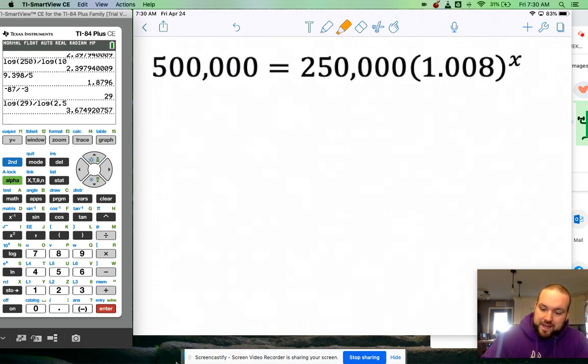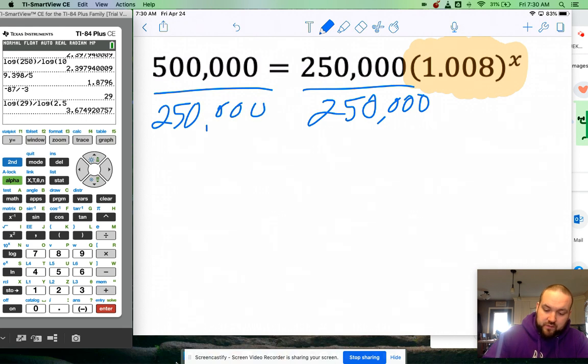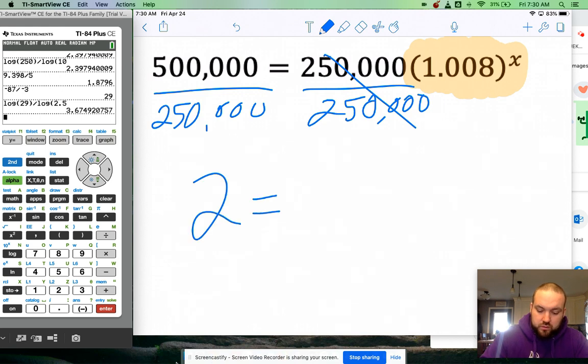So my exponential portion of this is the 1.008 to the x power. So just like in the previous problem, I need to get rid of the 250,000. So I'm going to divide both sides by 250,000. That cancels. 500,000 divided by 250,000 is just going to give me 2, so 1.008 to the x equals 2.